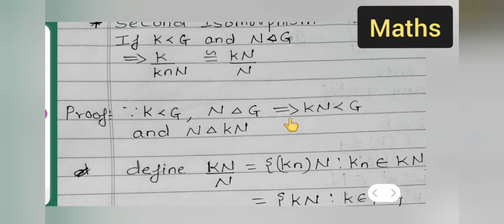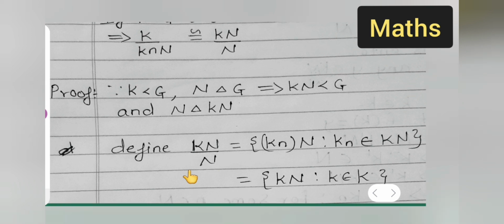it implies that KN is a subgroup of G and N is normal in KN. Now since N is normal in KN, we define this.